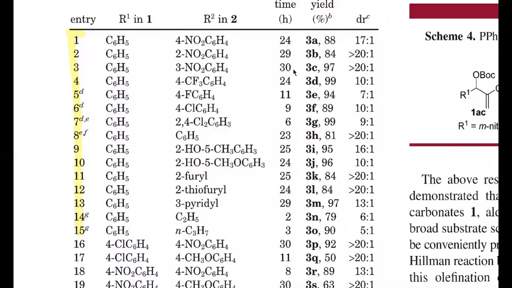But then they varied the aromatic ring attached to the aldehyde. And then they even did some aliphatic aldehydes as well, right? Aliphatic meaning simply there's no double bonds present.